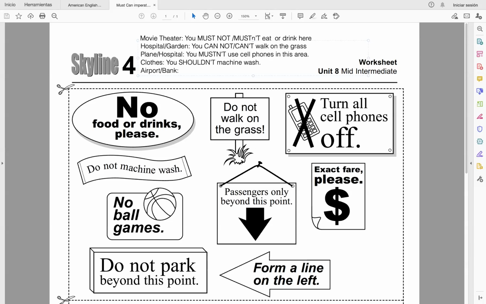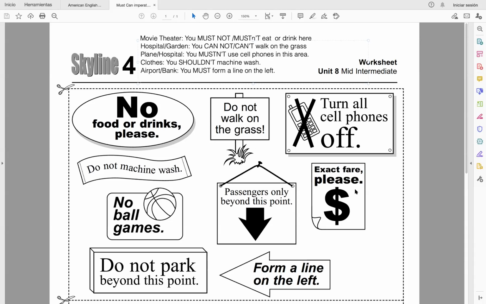Okay, but pay attention now. If you find that sign at an airport or at a bank, form a line on the left. That means you must form a line on the left, right?